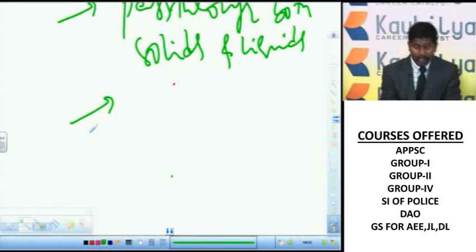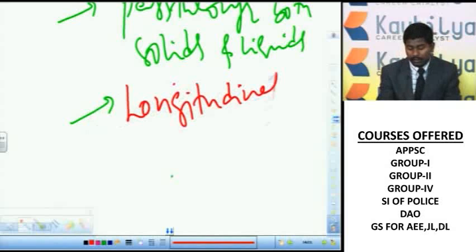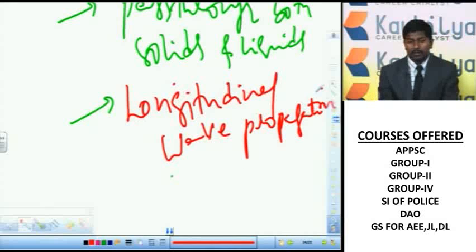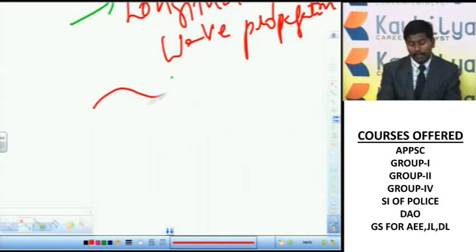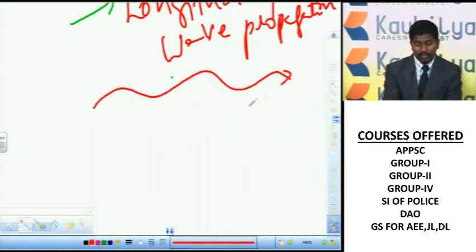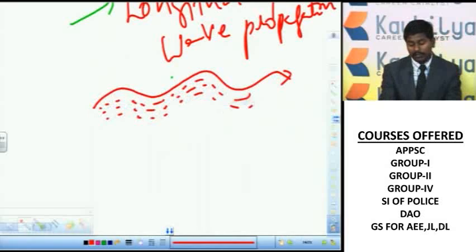These P waves follow longitudinal wave propagation, meaning the movement of the vibrating particles is parallel to the direction of the wave.